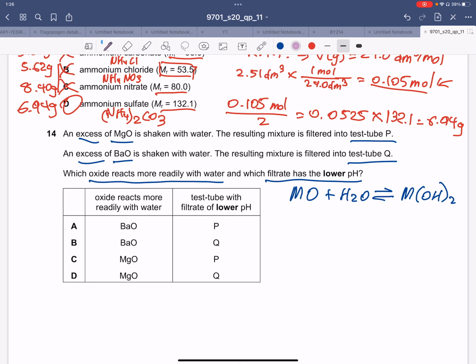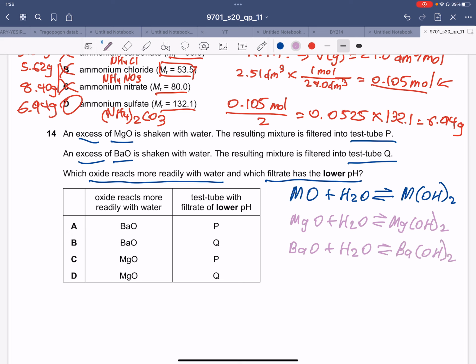So in this case, magnesium oxide plus H2O forms an equilibrium reaction with magnesium hydroxide. And then barium oxide will do the same thing with H2O and yield barium hydroxide.